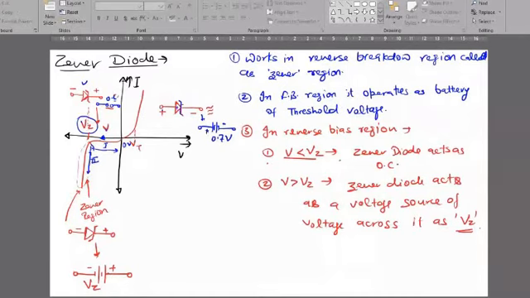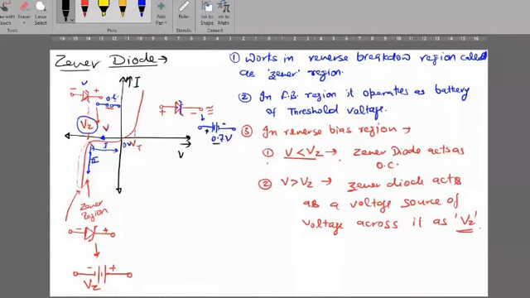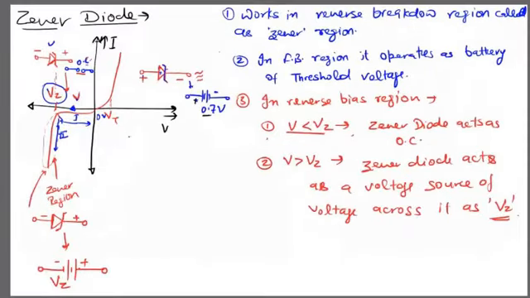That threshold voltage battery source. Okay. And in the reverse bias region, we can further categorize the operation into two parts. In the first region, it operates as an open circuit whenever the applied reverse voltage is less than the breakdown voltage, Vz.